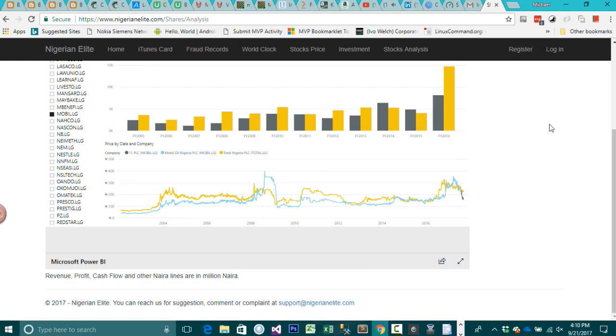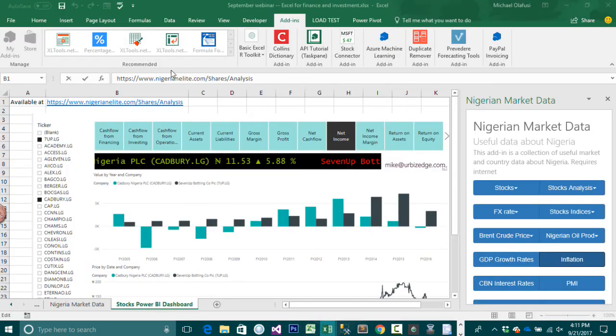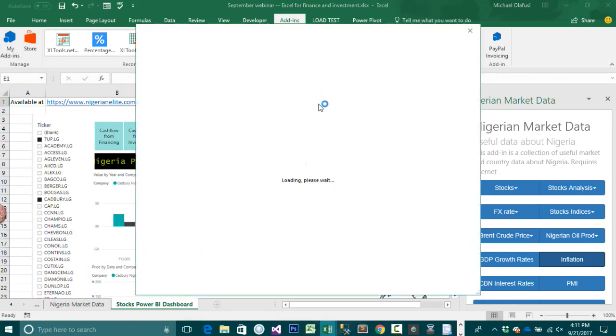You searched, and it says no items matching this criteria. Let me search again. What version of Excel are you using?